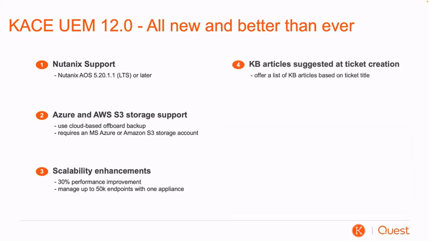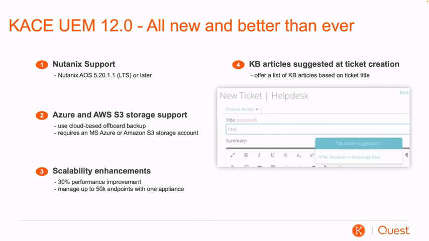The fourth topic is that we can now suggest KB articles in our service desk part. That means if a user is creating a ticket over our user UI, we can suggest specific KB articles. So if I put in HTML, for example, and I have a KB article for HTML markdowns, the appliance will automatically suggest our KB article.